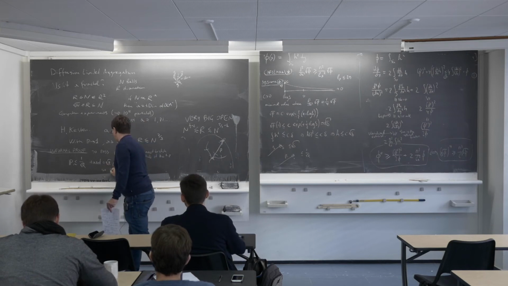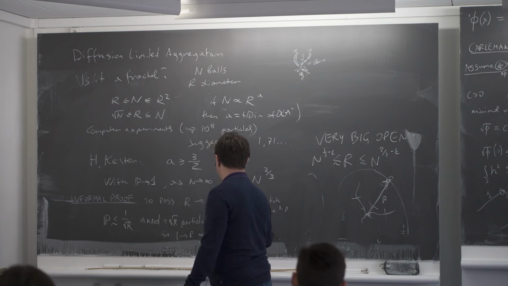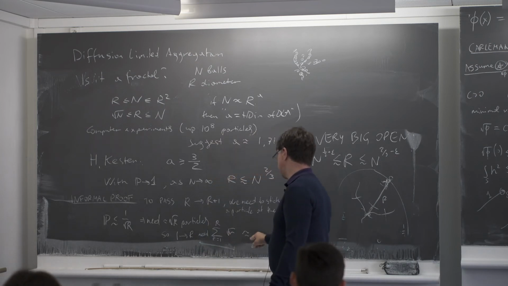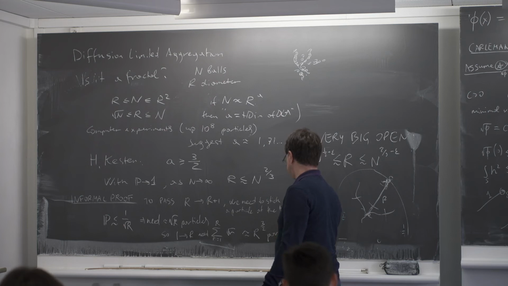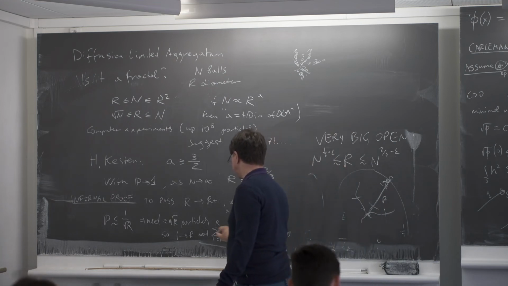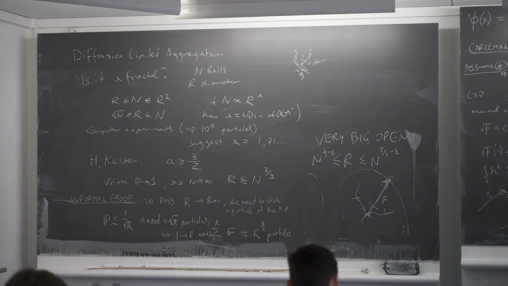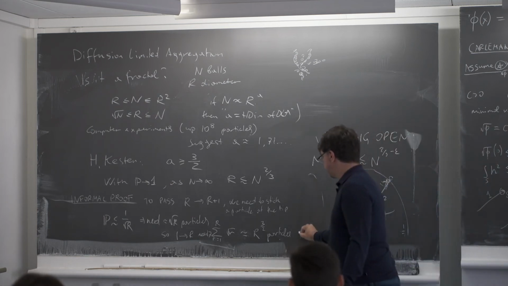So from 1 to size r, we need the sum over small r from 1 to r of square root of small r, which, if we integrate the square root, is approximately r to the power 3/2 particles. At least. So hence the estimate.